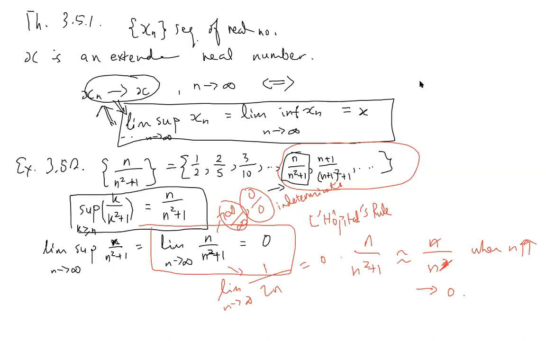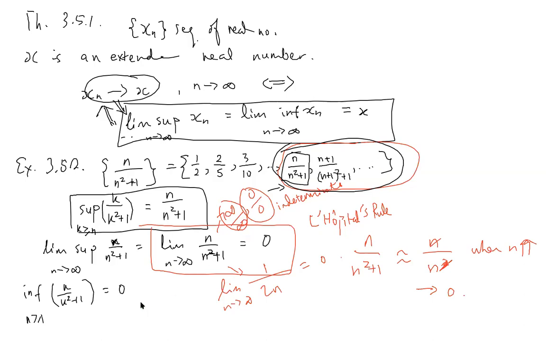Okay. So then we have limit supremum is 0. Then if we talk about the infimum of k squared plus 1, you're talking about the infimum of this tail sequence here. So this is clearly 0, because it will rapidly tend to 0.